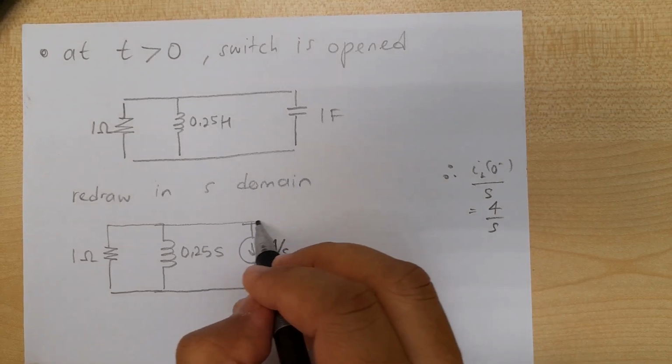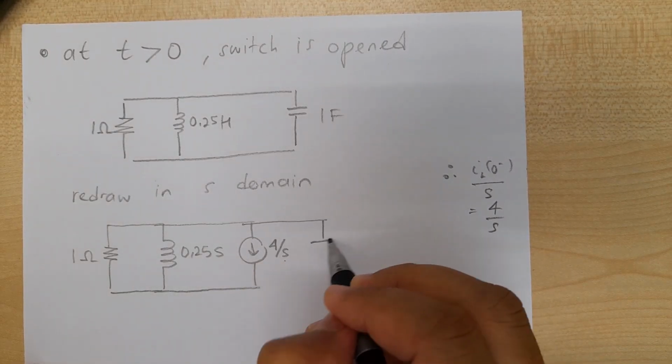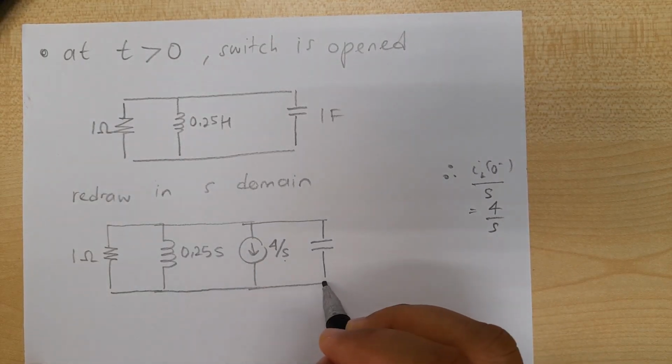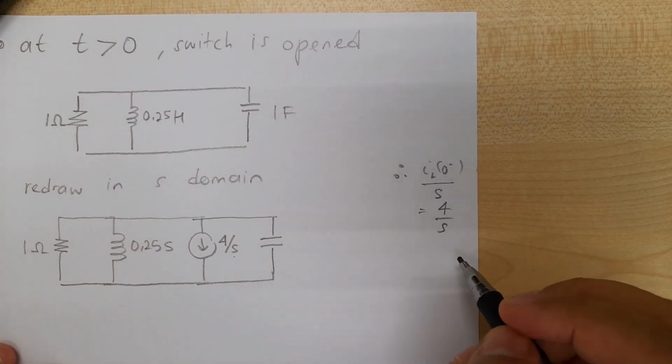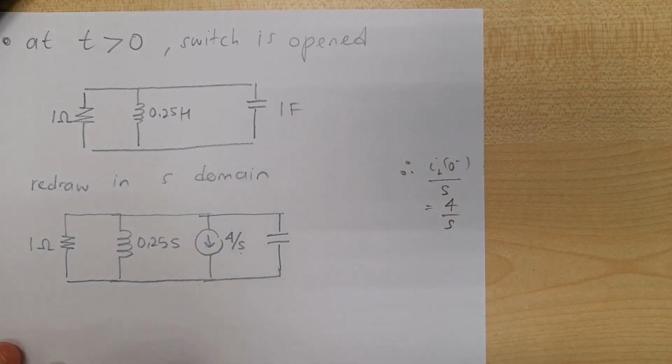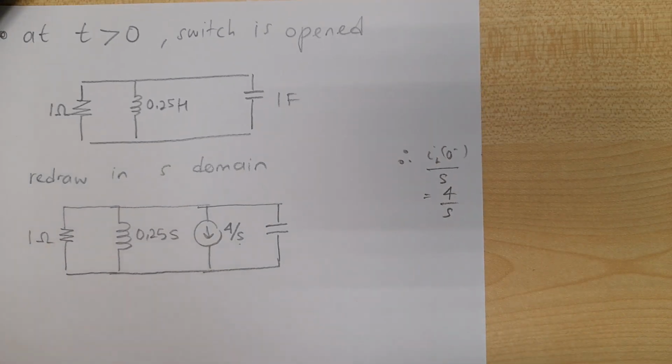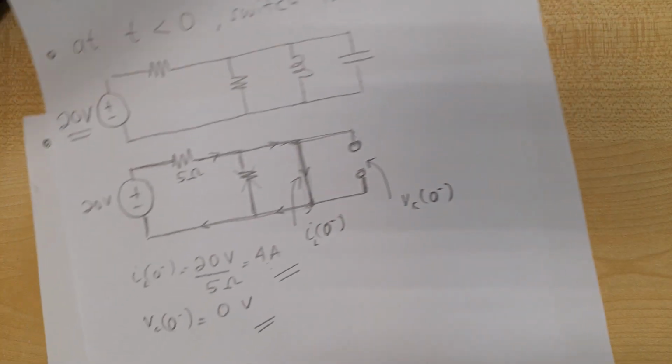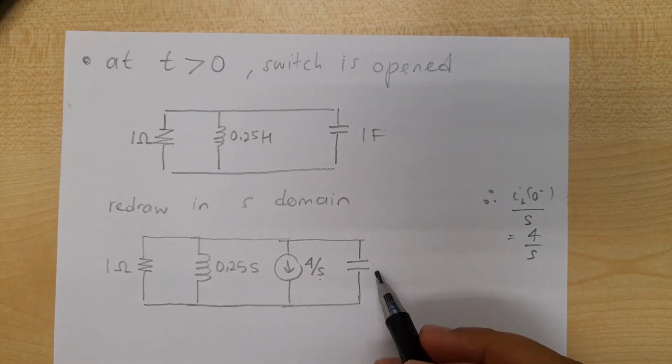and then we have the capacitor. But since the capacitor has no initial condition, which we have calculated earlier, 0, then no initial condition for the capacitor.